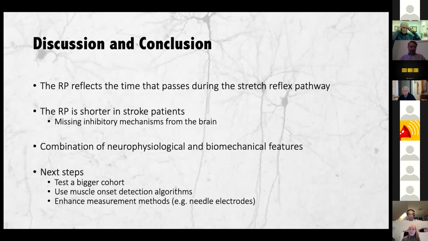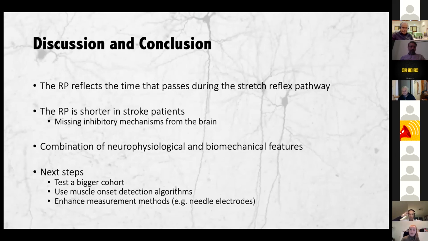But we need to test a bigger cohort to be able to prove the validity of our parameter. And also in our next steps, we could improve the parameter by, for example, using muscle onset detection algorithms to detect the muscle onset instead of doing it visually.